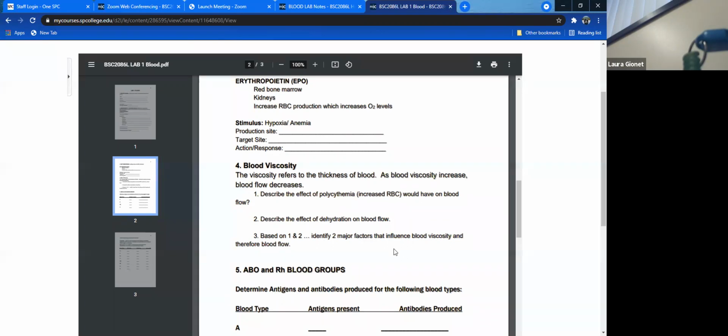It's either your plasma and your water, and the plasma is still 55%, but your red blood cell number is increasing or decreasing. Or you have a normal hematocrit, the numbers and everything are good, but maybe the degree of hydration, the plasma is no longer 55%. So I would say the number of red blood cells and the amount of water or hydration of blood or plasma. Those are the 2 major factors.